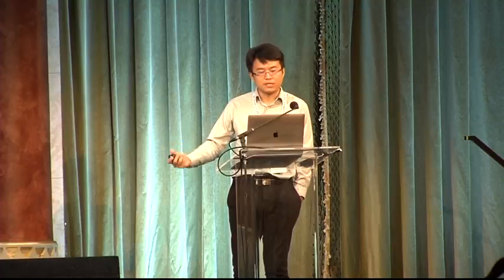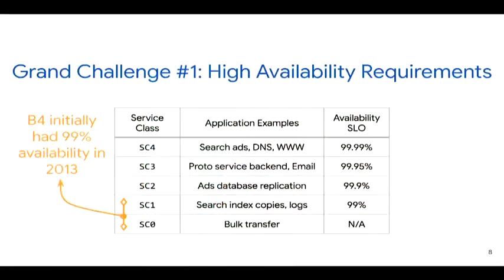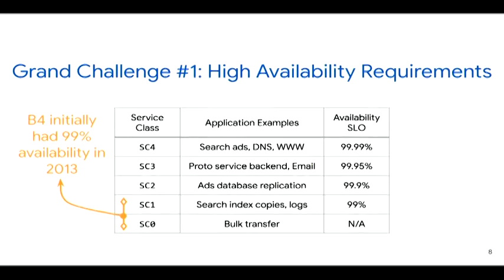However, centralized design is also not a panacea. In fact, we have faced extreme challenges over the last couple of years across several dimensions. First, for availability, we have a very stringent availability requirement.